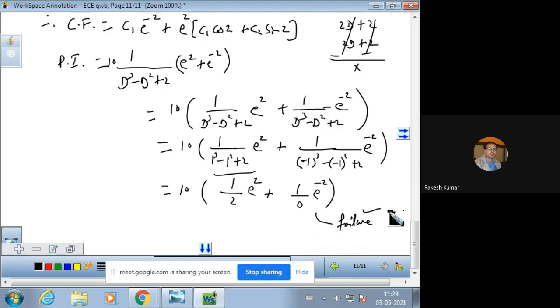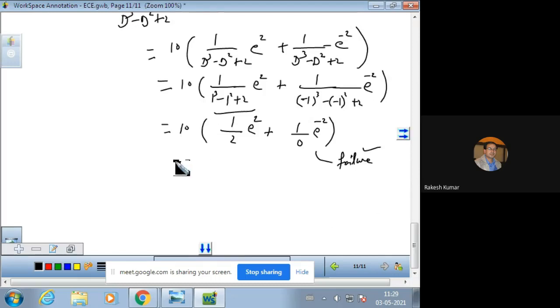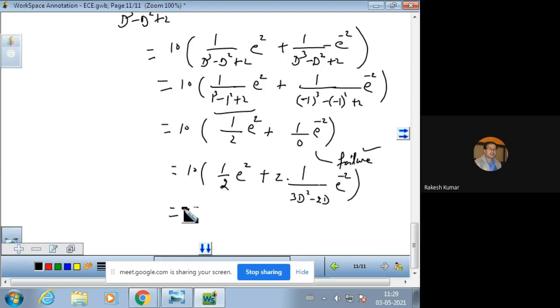If it is a case of failure, you need to find the particular integral by multiplying the factor with z, because z is the independent variable, and find the derivative of the denominator. So the derivative of this denominator term will be 3D² minus 2D, into e^(-z).